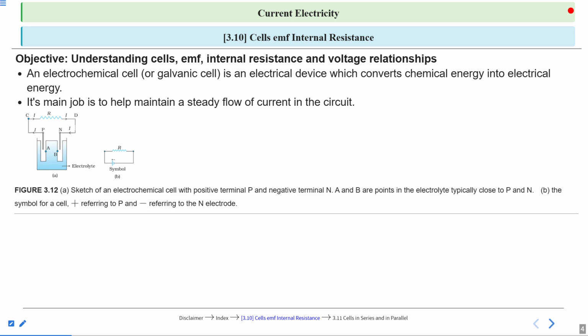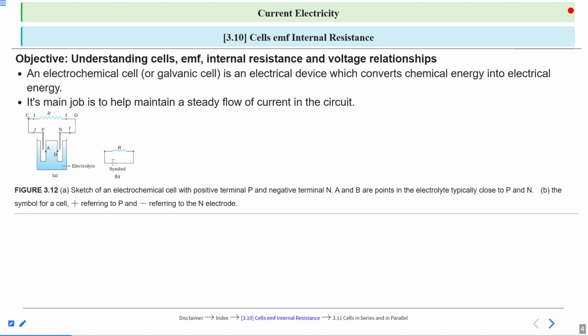Figure 3.12 is a sketch of an electrochemical cell with positive terminal P and negative terminal N. A and B are points in the electrolyte, close to the positive terminal P and the negative terminal N respectively.